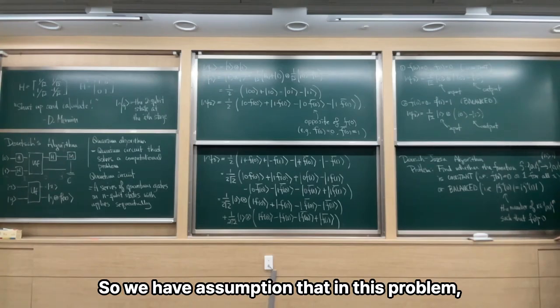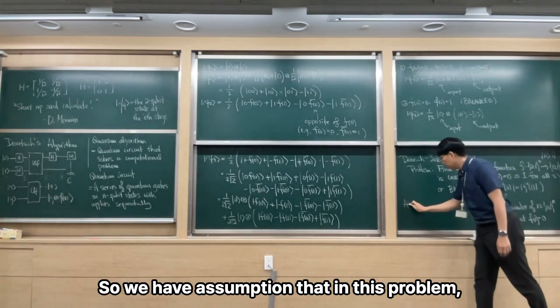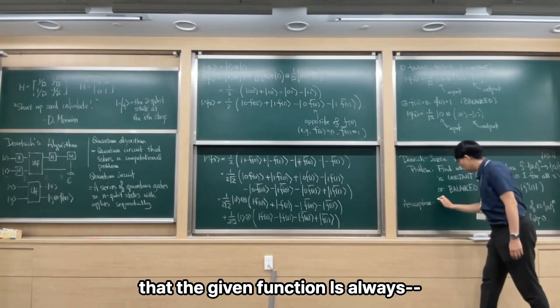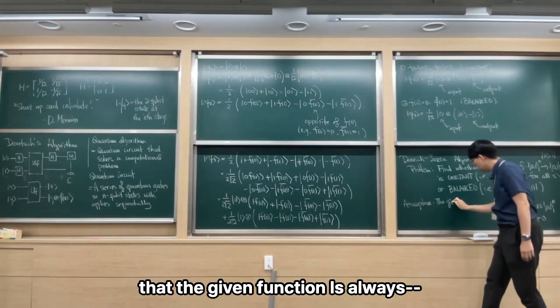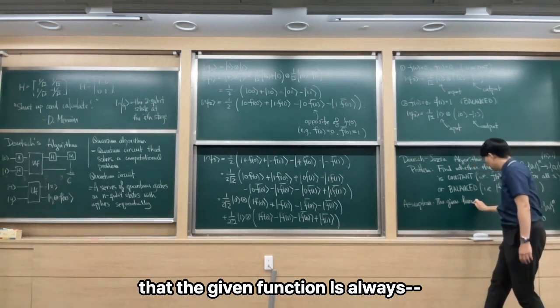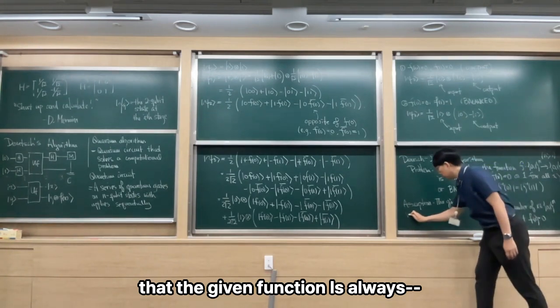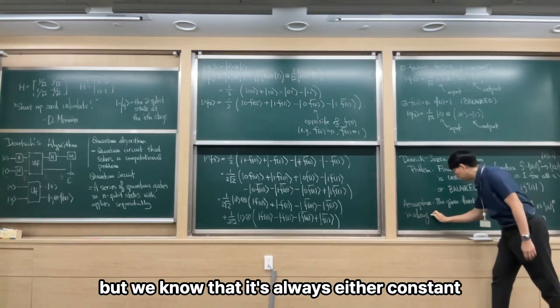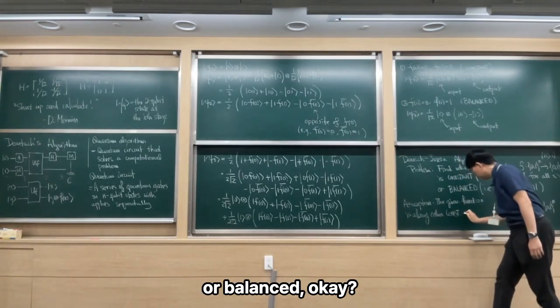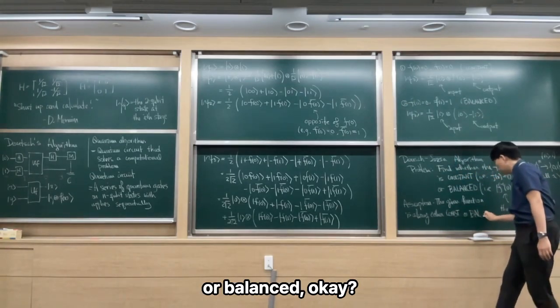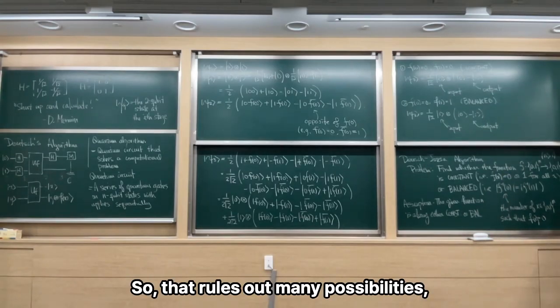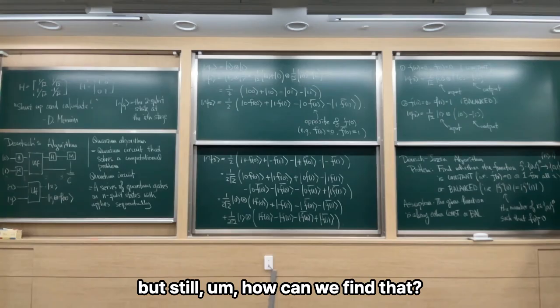So we have an important assumption in this problem that the given function, we don't know what it is, but we know that it's always either constant or balanced. Okay? So that rules out many possibilities, but still, how can we find that?